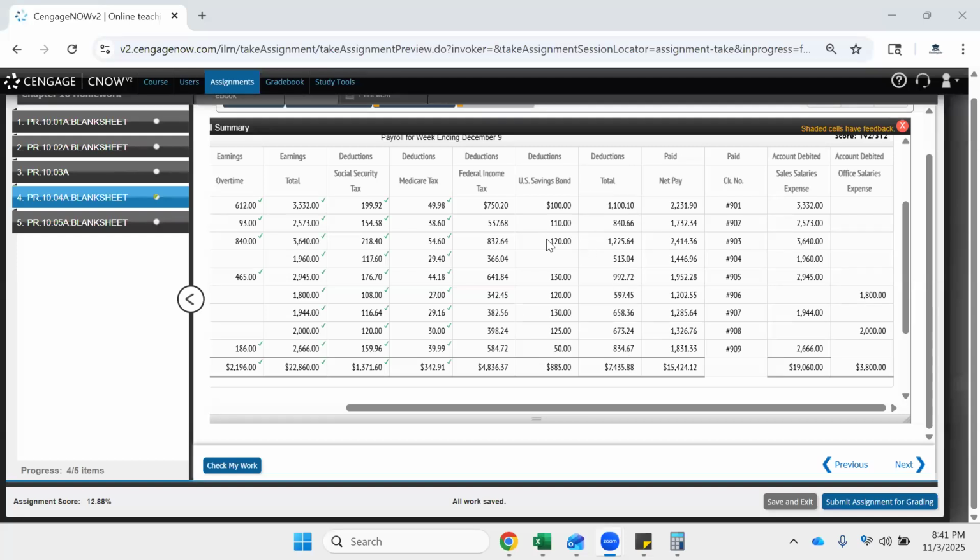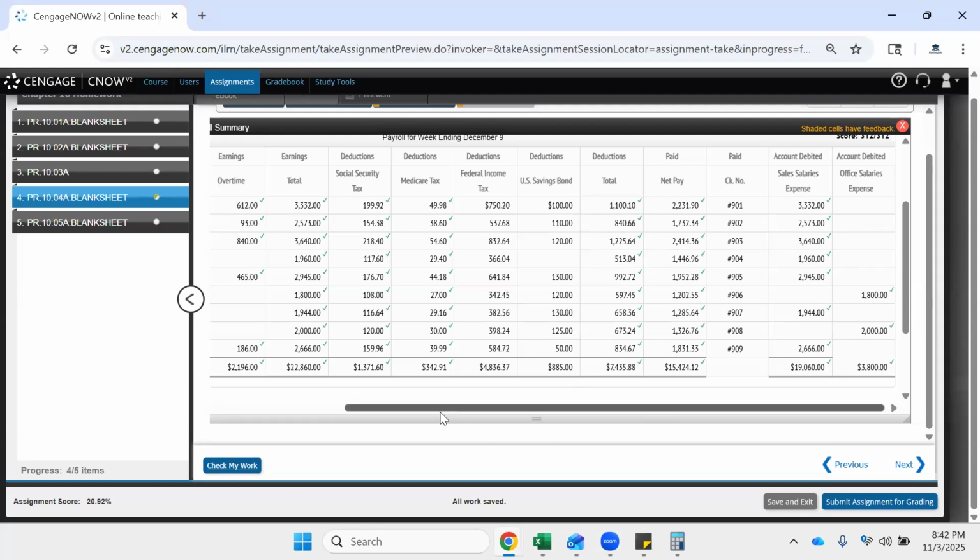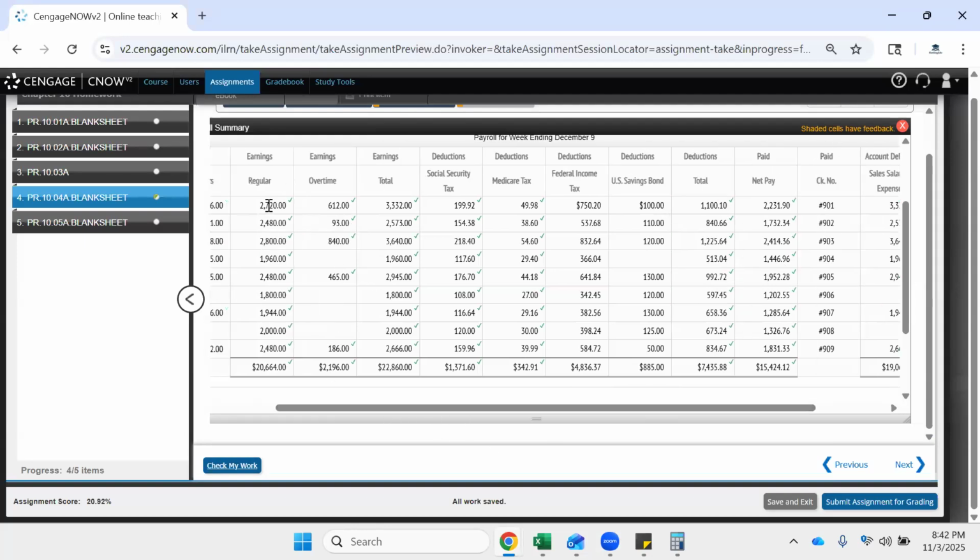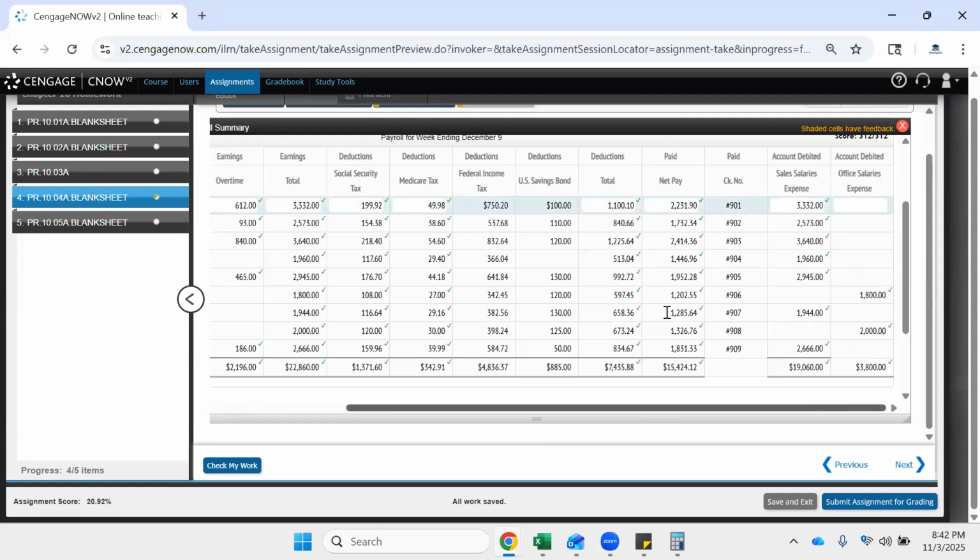Okay, and these are all of our amounts for all of our payroll deductions, net pay, and sales salaries expense and office salaries expense. And it all foots vertically, which means if we add up all of our earnings, it equals the amount at the bottom. That's really important for the integrity of our calculations, and payroll is something that you don't want to mess up.